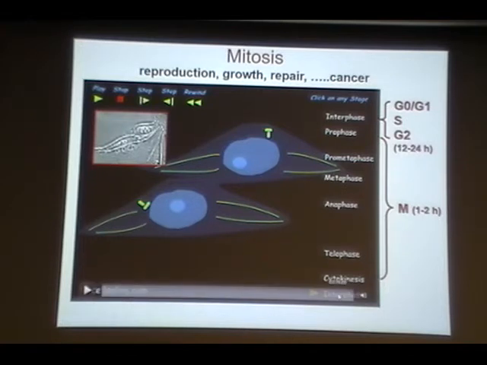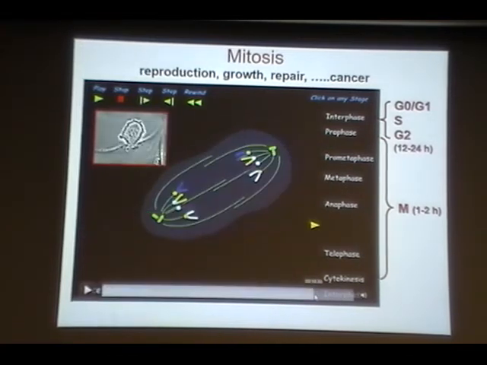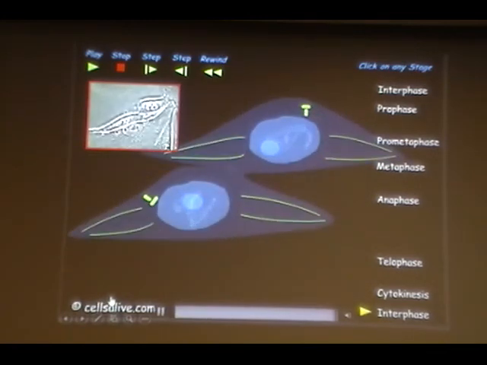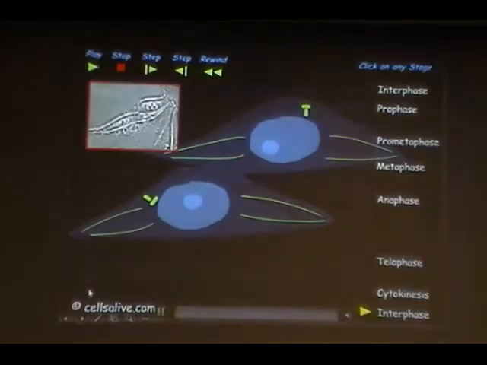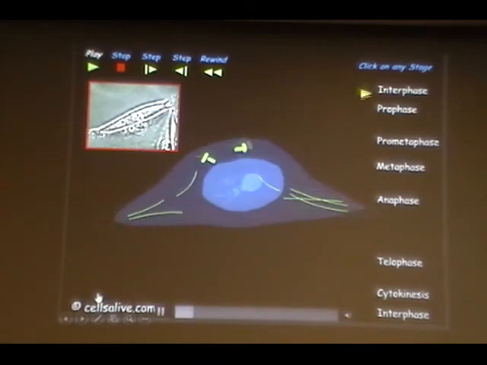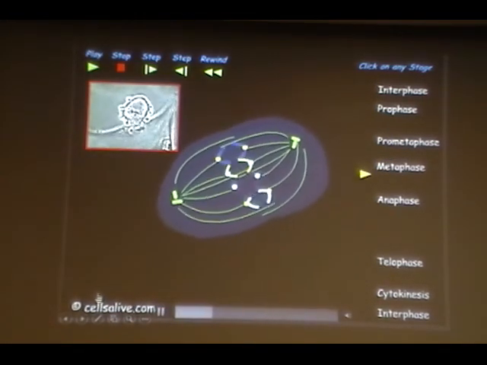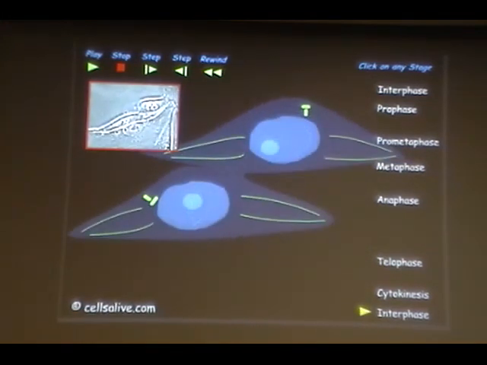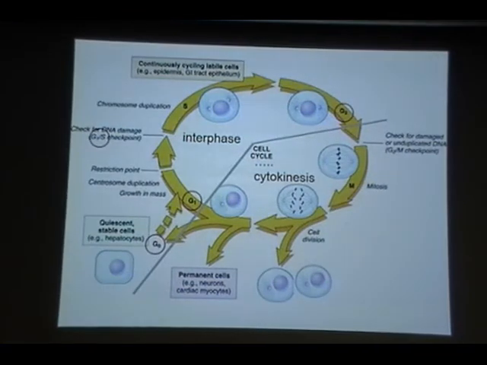If you look at those cells, one single cell eventually becomes two identical cells. All of these biochemical and morphological events are called the cell cycle. It's easier for people to understand this way.